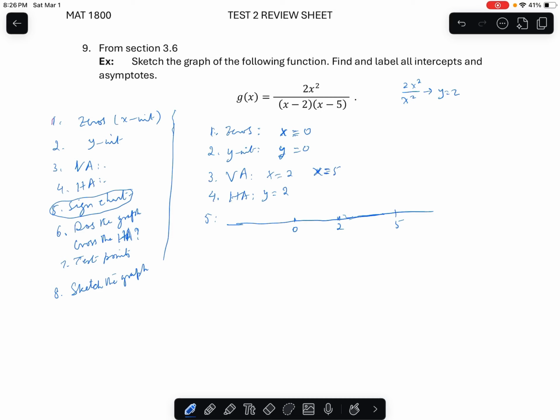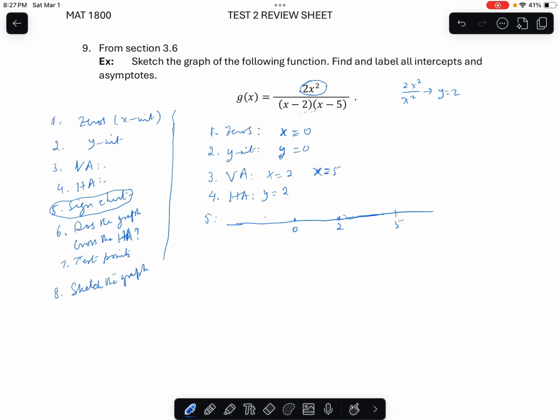Now when we want to check the sign of the function, we may not consider this factor because it's 2x squared. There is a positive sign here, and x squared makes everything positive, so we can just look at these two to see what the sign will be.